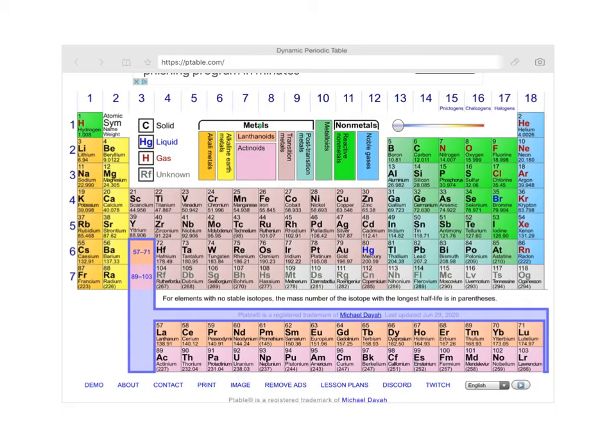The things that are to the right of that stair step, so all of these guys, are non-metals. So this is a non-metal, okay?